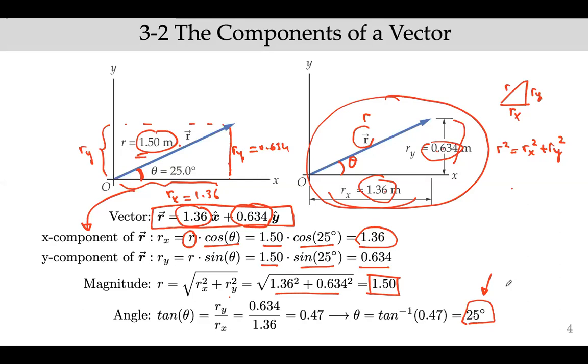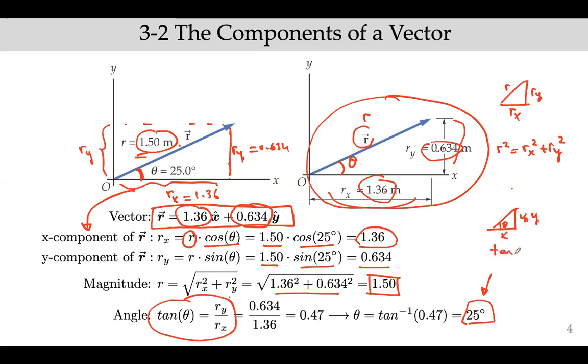The other thing that you have to know is you don't have to memorize these. You can just look at the triangle, right? As long as you know tangent is, let's say this is y, this is x.